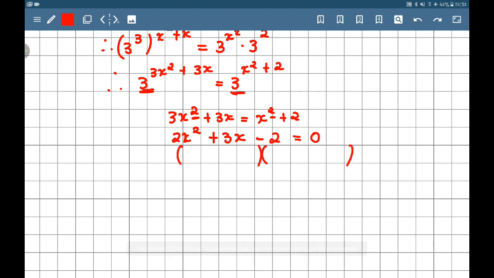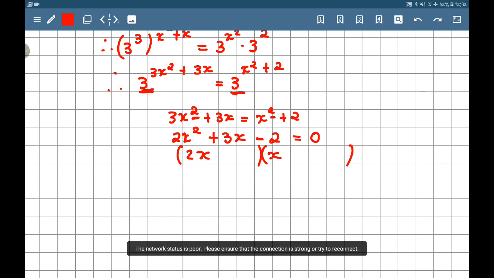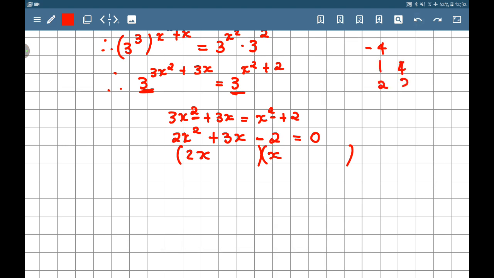So now you are going to factorize. When you factorize, I will suggest you use the FOIL method. So we get here minus 4. When we multiply that and that, we're going to get minus 4. And the factors of 4 are 1 and 4, and 2 and 2.